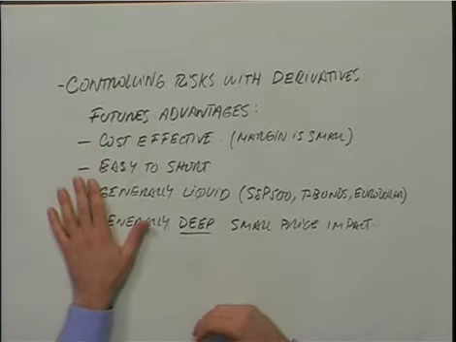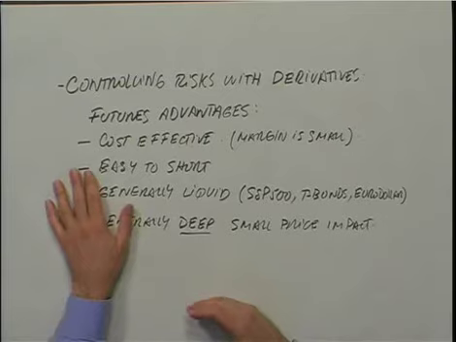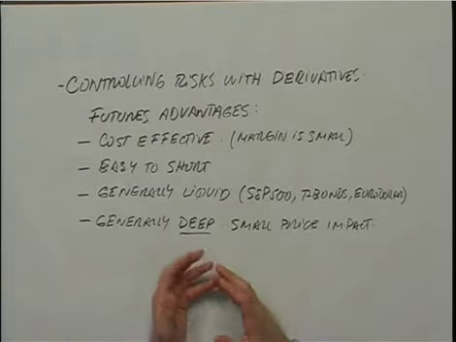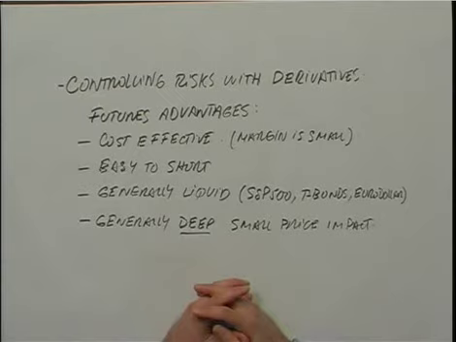The second advantage of futures contracts is that it's very easy to short. It's as easy to short, that is, enter into a contract to be the deliverer of the underlying, as it is to buy or enter a contract to be the party that takes delivery of a contract.